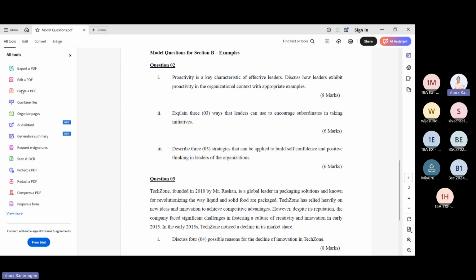The first two questions of the second question are from chapter number 2. The last question is from chapter number 3. Last question can be better. What is that question?